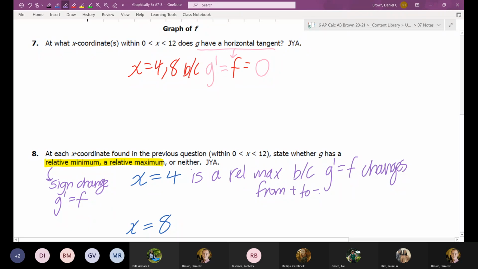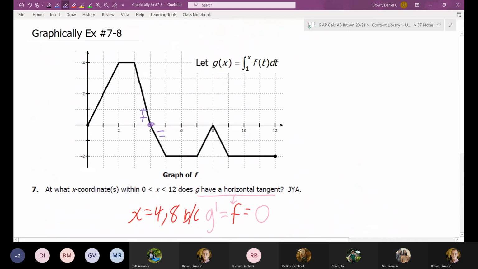Let's now do the same thing for x equal to 8. There it is there. G prime is the same thing as f of x. What is f changing from and to at 8? It's not. It is negative. And then after 8, it is still negative. Well, if f is negative to negative, then G prime would also be from negative to negative.